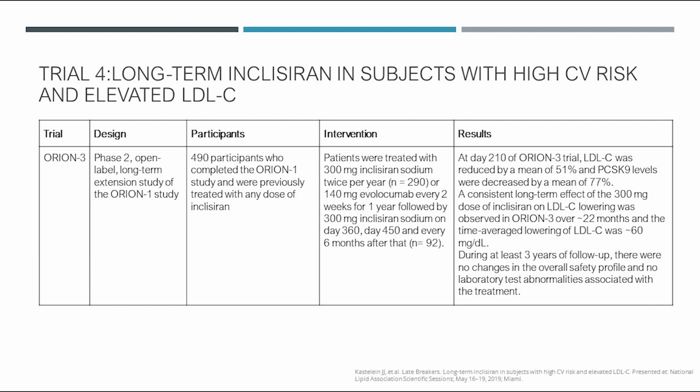Patients were treated with 300 milligrams of Inclisiran sodium twice per year, and this included 290 patients, or 140 milligrams of evolocumab every 2 weeks for 1 year, followed by 300 milligrams of Inclisiran sodium on day 360, day 450, and every 6 months after that. This included a total of 92 patients in that group.